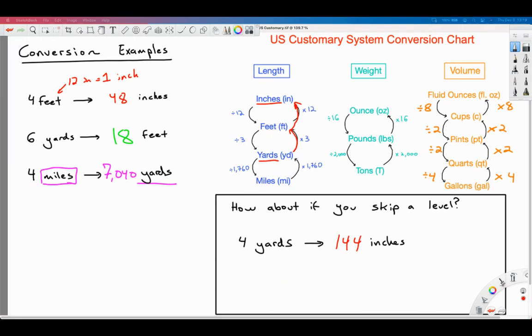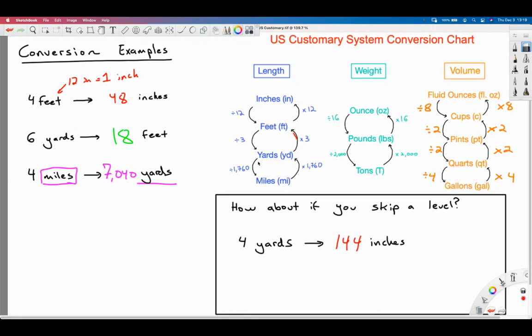All right, last one about this specific type. What if we had 2 miles to feet? Let's clear the screen here again. We're going to be working with a kind of tricky one because it's going to be a big number, so you're going to have to trust yourself here with some of the work.